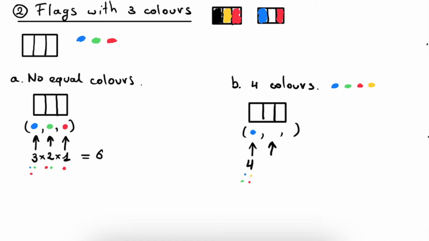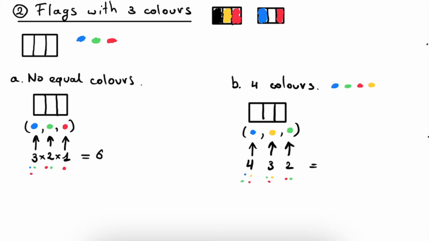This means that in the second position, we still have 3 choices left. We have green, yellow, and red left to pick from, because blue cannot be picked since it already sits at the first position. Let's say that for the second choice, we take the color yellow. This means that for the last position, we have 2 colors left to pick from, either red or green. And let's pick green for this example.